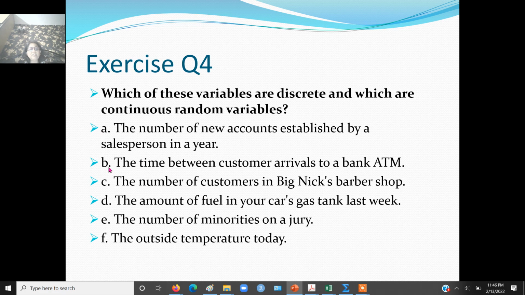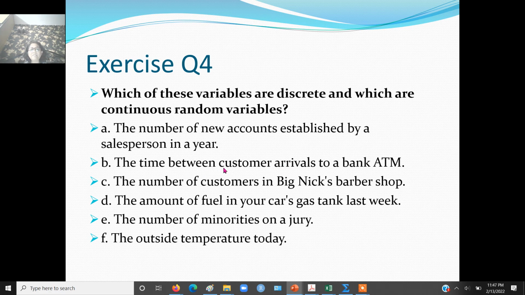In part B, we have the time between customer arrivals to a bank ATM. You see, you are randomly standing in front of a bank ATM and you are observing after how much time customers are arriving at the ATM. It's fairly possible that after the first visit, the second one arrives after, let's say, 1 minute and 23 seconds, and then the next one arrives after, let's say, 30 seconds.